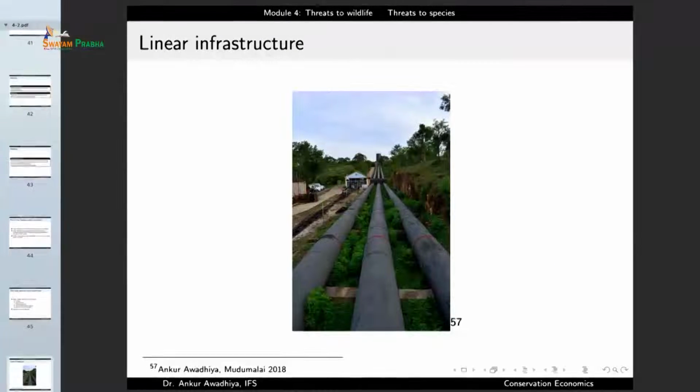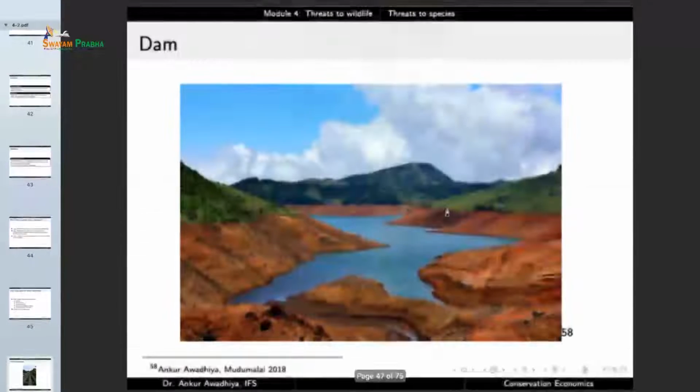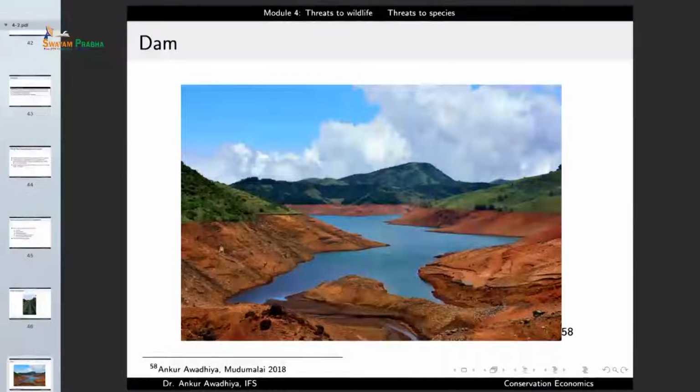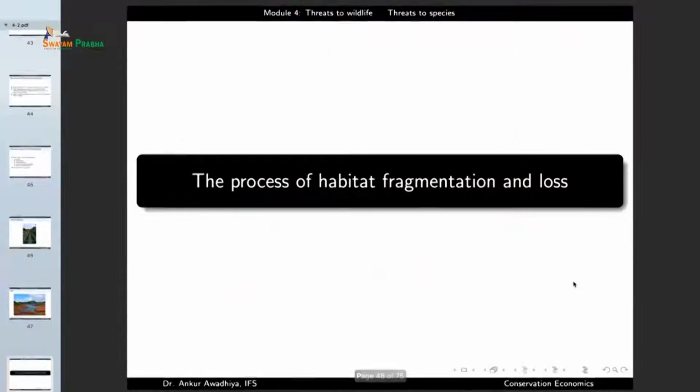Here we are seeing linear infrastructure in the form of pipelines. If you have such pipelines, animals find it very difficult to cross from this area to this area. If you have a dam, an animal will not be able to cross just like this. It will have to either cross a very long stretch, or it will just not cross this area. So a dam causes habitat fragmentation.